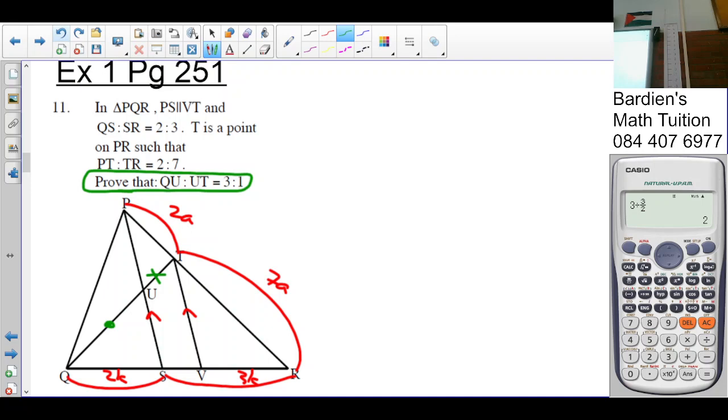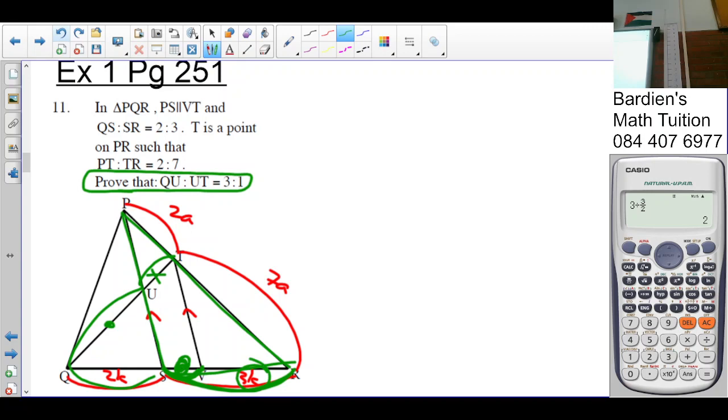You guys understand? Right. So what is QU is to UT? Will be the same as QS is to SB. But do I have SB? No. So I must calculate SB first. But how can I calculate SB? In this triangle here, we know that SV over SR. Why SR?